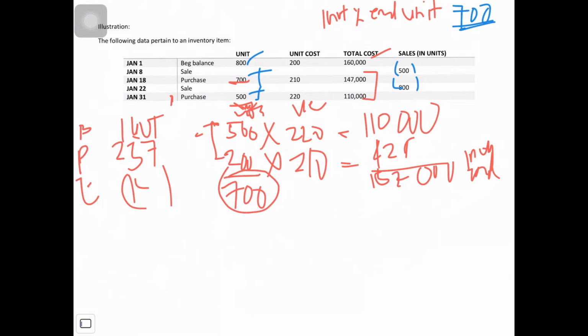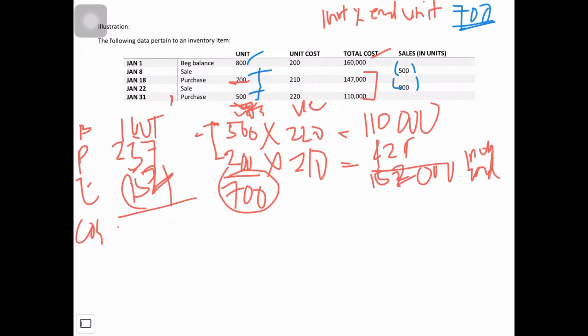So, cost of sales is 160 plus 257, then minus 157. So, we have 160 plus 257 minus, this is 152, guys. Sorry.